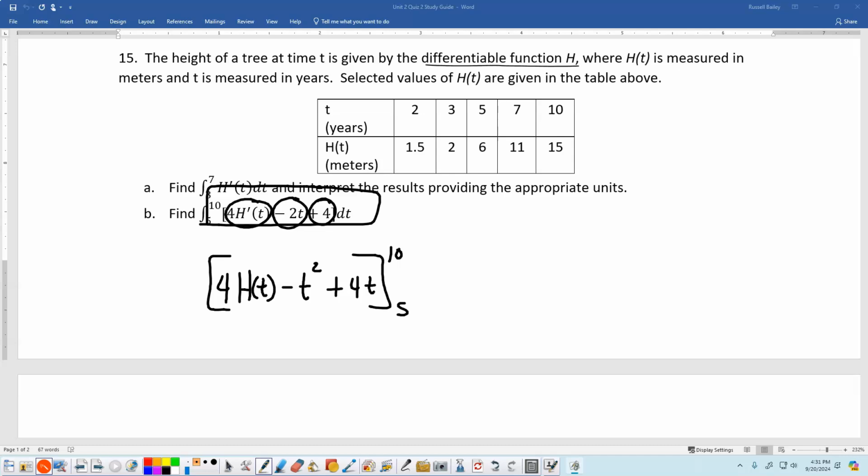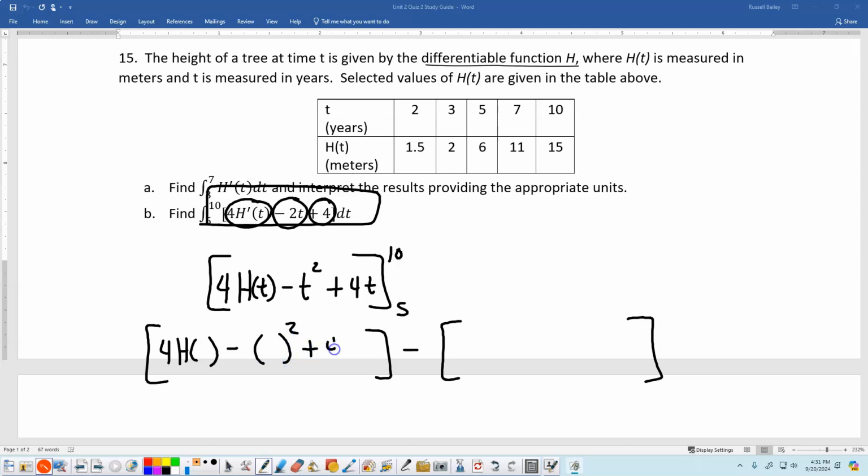The next thing we're going to do is our fundamental theorem of calculus. So we're going to do our little setup here, right? For the first set, we plug in the top number.